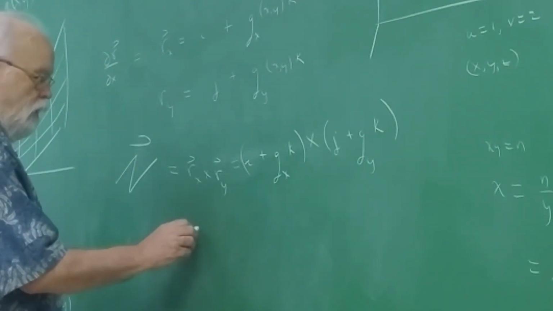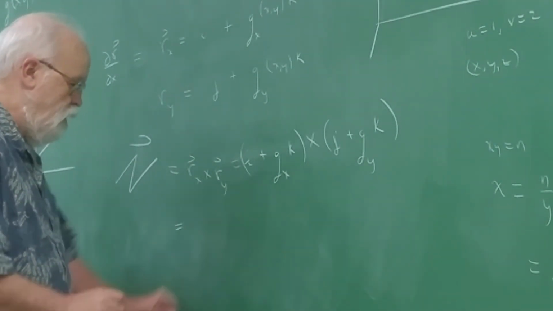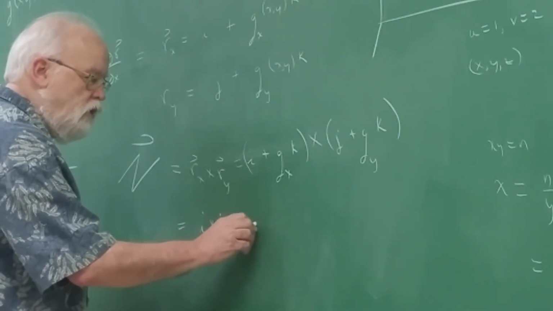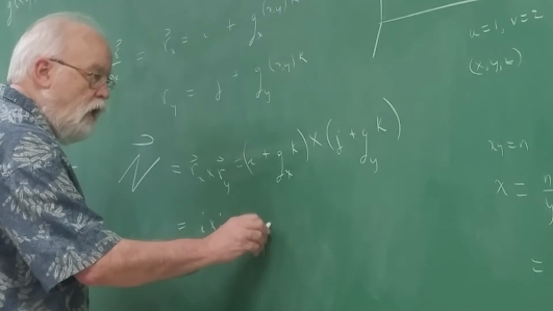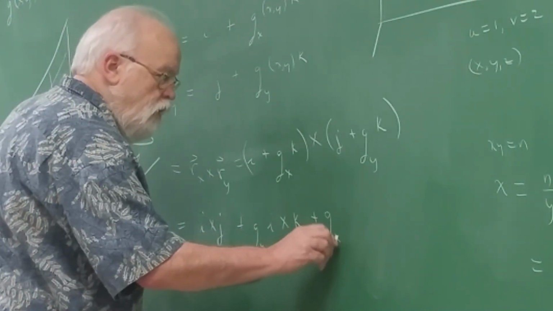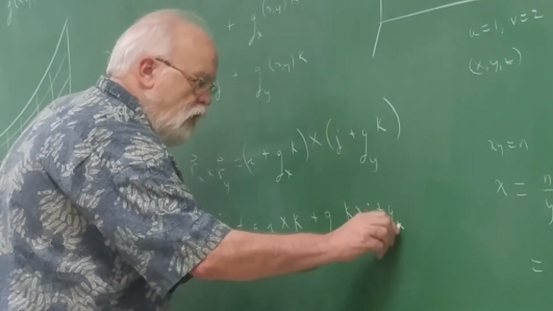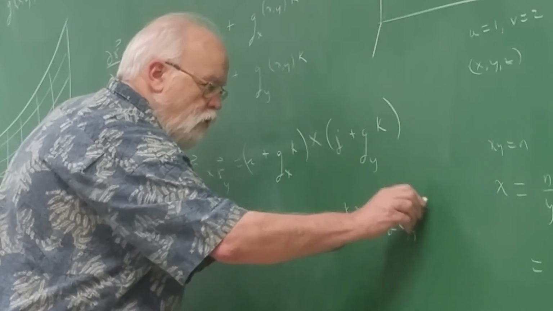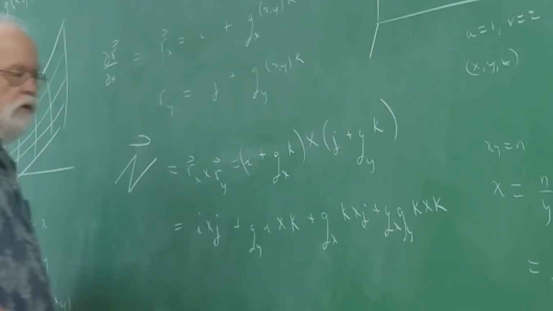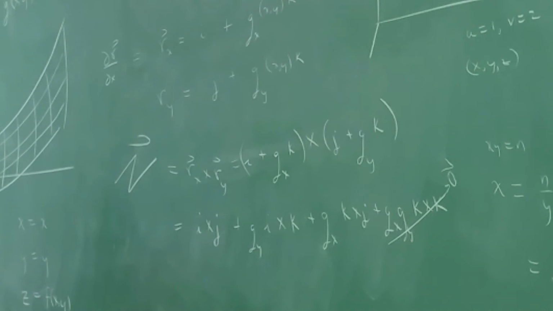So I'm gonna have i cross j first, and then plus g sub y times i cross k, plus g sub x times k cross j, plus g sub x times g sub y times k cross k. And I don't worry about the last one, it's vector 0.